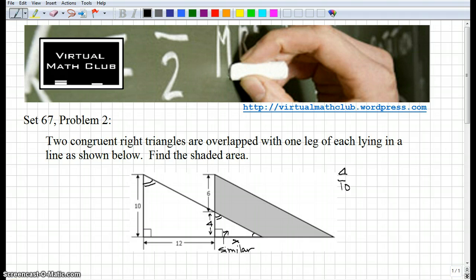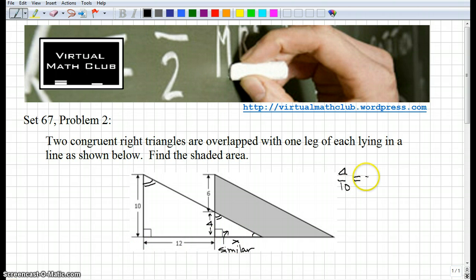So that also means that this side, the one that lies along the bottom here, well, let's look at the x. x has to be 4/10 of this whole length.